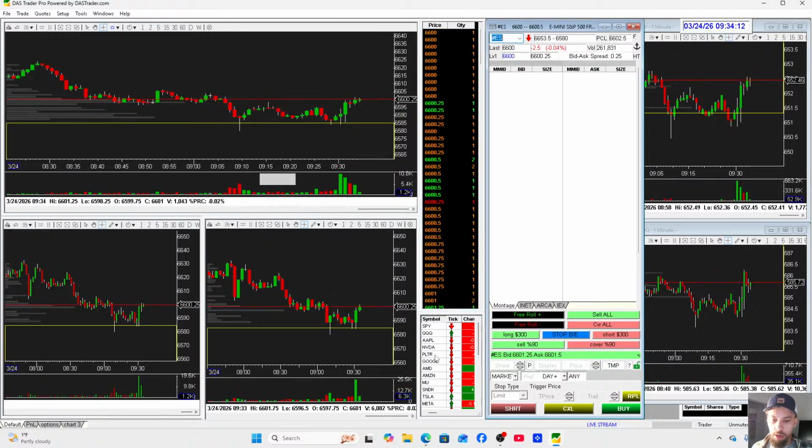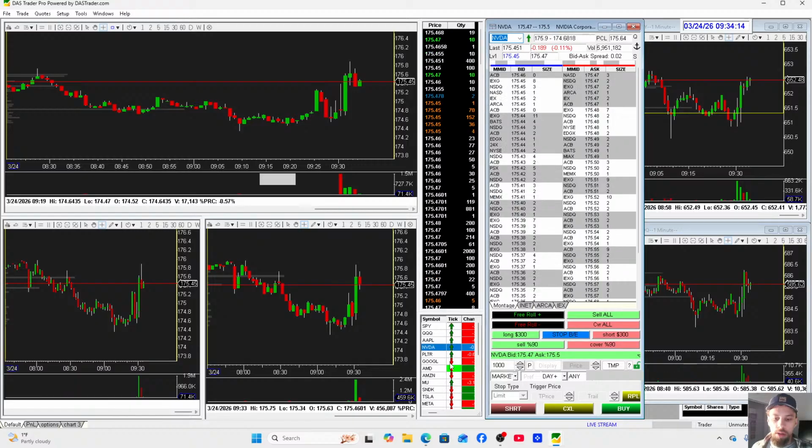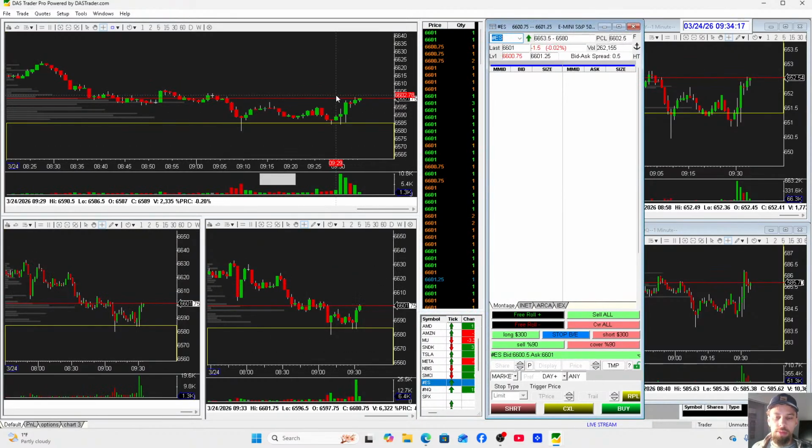Let's look at what Nvidia's doing. No man's land. Volume's diminishing here as we're trying to move up.